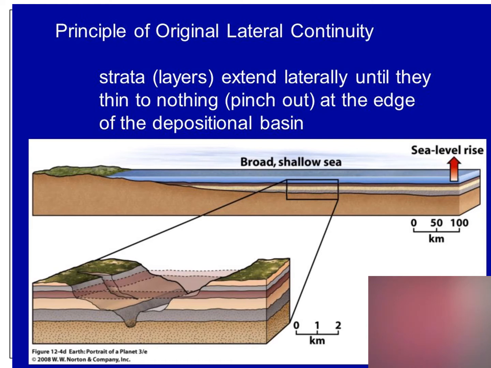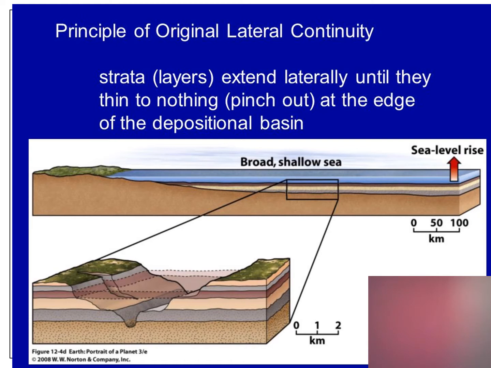Again, this makes sense because depositional environments aren't going to extend to infinity. At some point, a beach will run out. At some point, there will be no more floodplain. So the rocks that form from those sediments will have continuity over whatever continuity that depositional environment had.